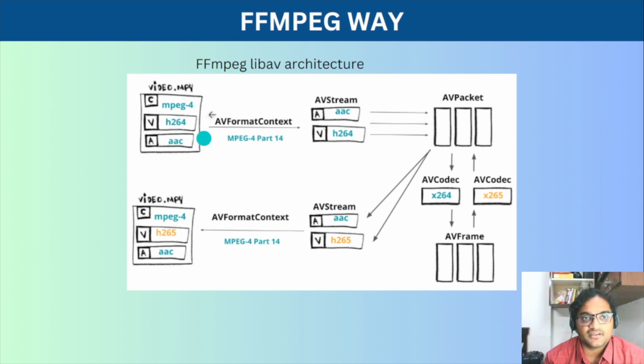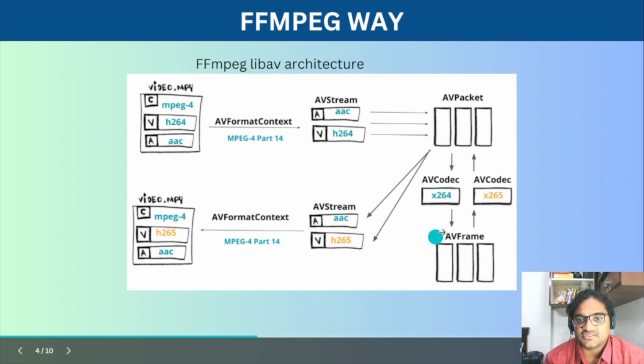FFmpeg reads this file and separates the audio stream and video stream. Here we are reading a packet. A packet is a compressed binary format of audio or video, so a packet can be either an audio packet or a video packet. Based upon the index, whether it is an audio or a video stream, we send it to the codec, and this codec will decompress the packet. In other words, from the packet we get a frame, and a frame is a raw frame.